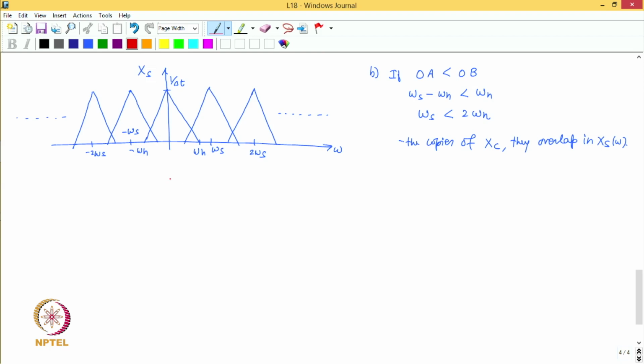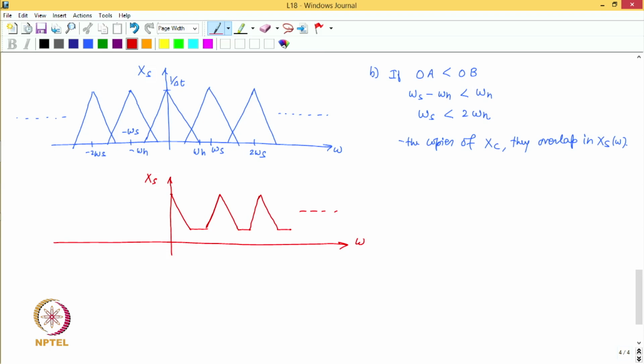So, let us try to show the resultant spectrum. So now what is going to happen? We will have the magnitudes getting combined in this manner, like this. So wherever the overlap is there, the successive, adjacent copies, their magnitude gets added like this.